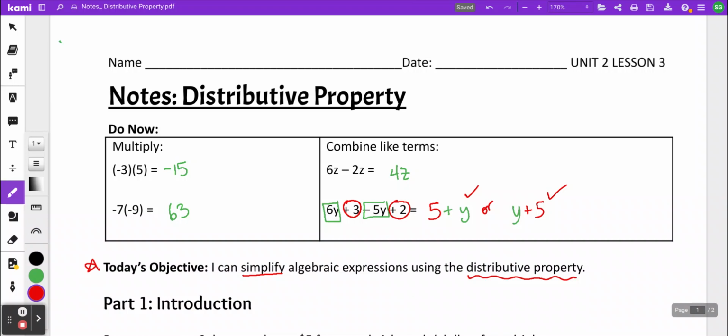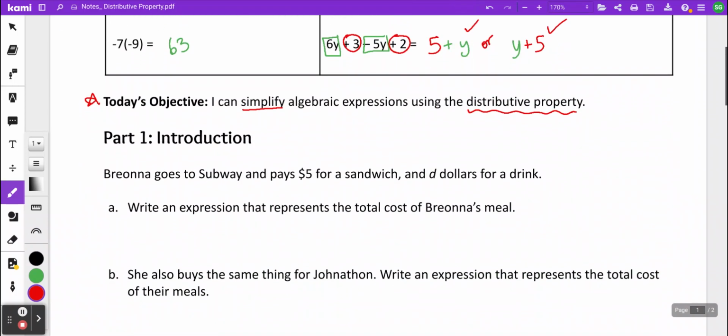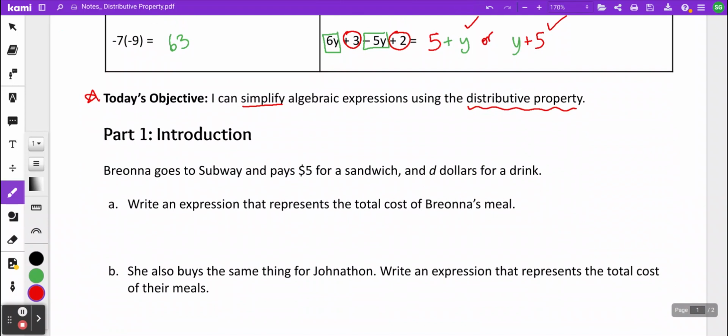And to help introduce that idea, I've got this question here for you. In part 1, this is similar to what we did in the first lesson from this unit, where I'm giving you some information and we want to represent it with an expression. So the story we are representing says Brianna goes to Subway and pays $5 for a sandwich and $D for a drink.